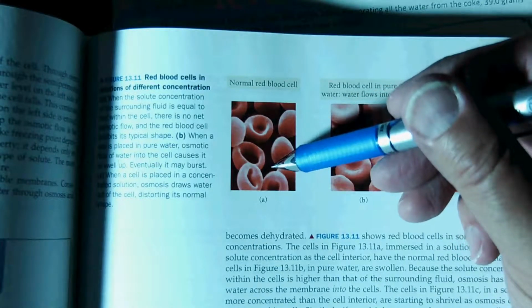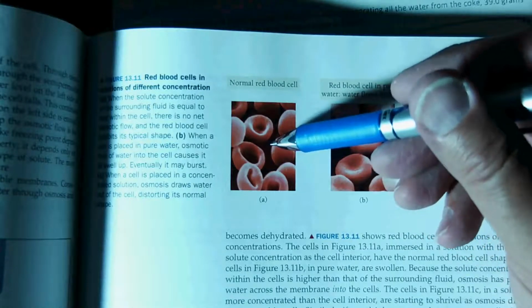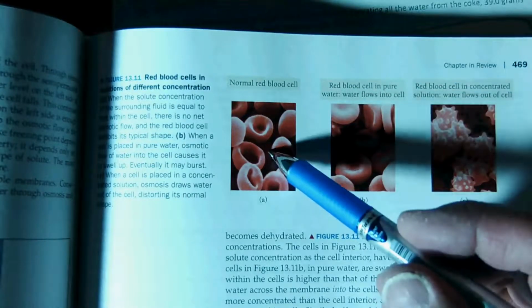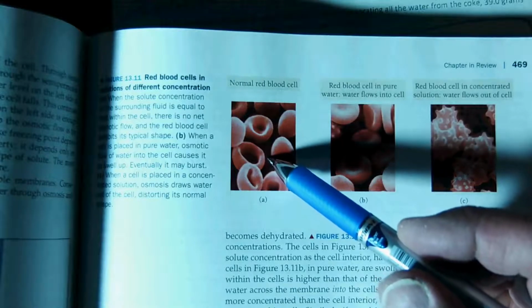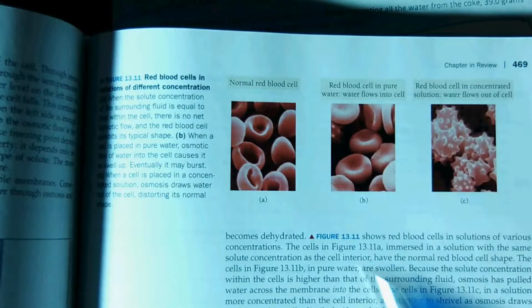Those dark areas are a liquid called plasma. Inside your blood cells, there's a certain concentration of salt, sugar, things like that. So inside the blood cells there's a certain concentration of solute. Outside of the blood cell in the plasma, you got that same concentration. That's a good thing.